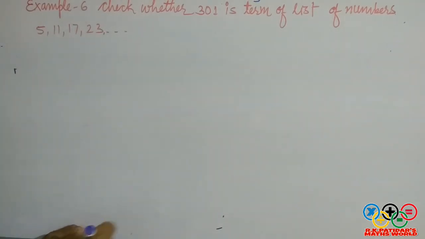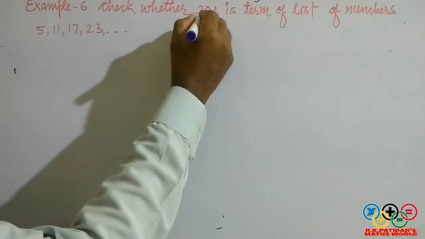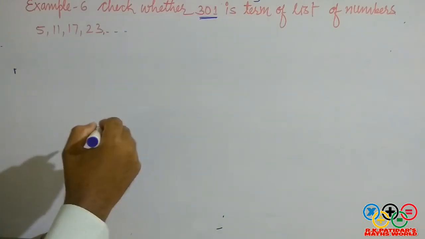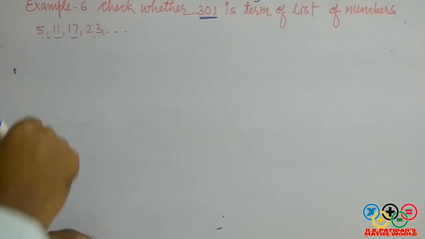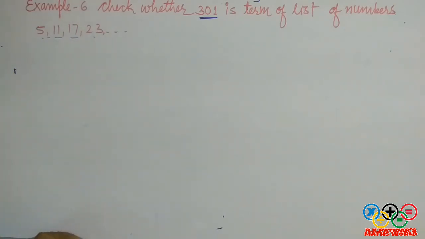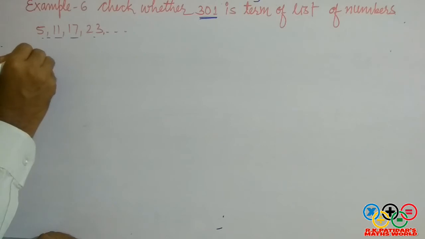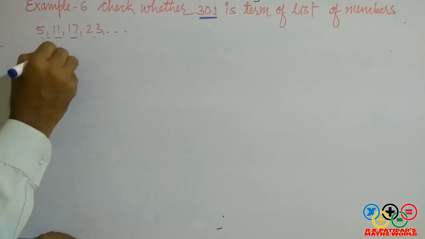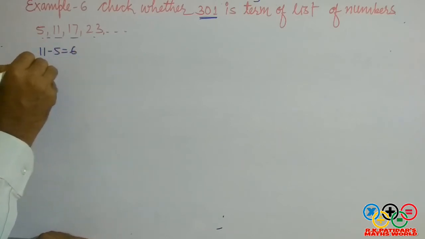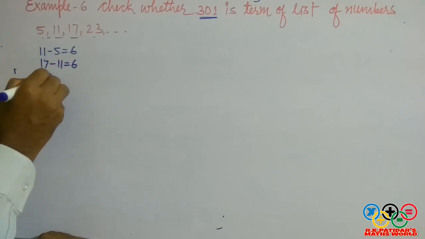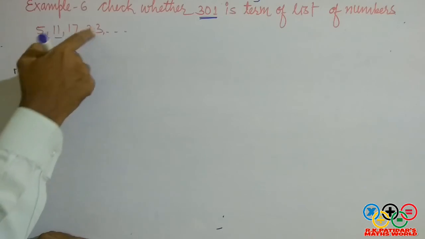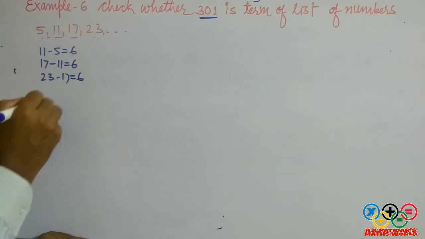Example 6. Check whether 301 is a term of the list of numbers. This list of numbers is what? First of all we have to check whether it is an AP or not. So see, 11 minus 5 it is 6, 17 minus 11 it is 6, 23 minus 17 it is again 6.